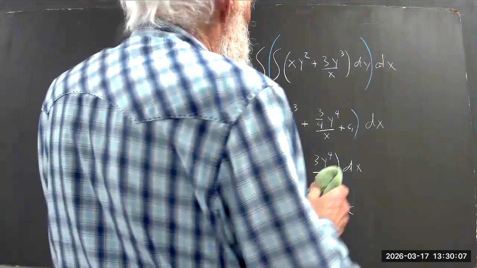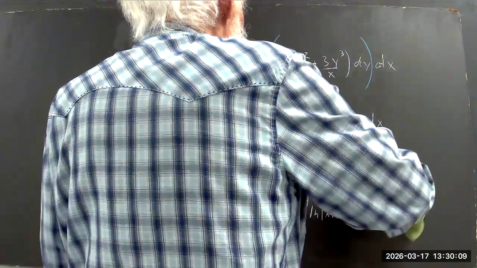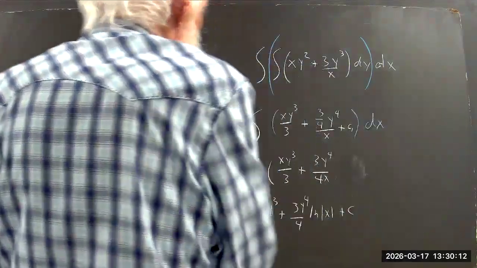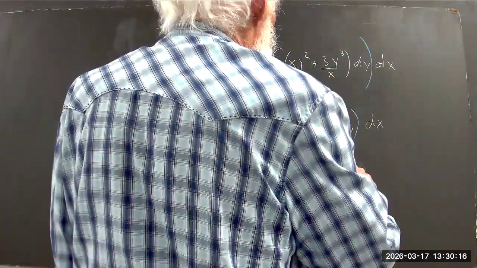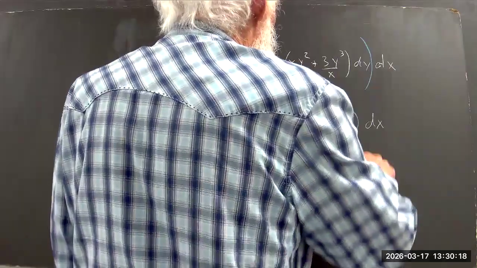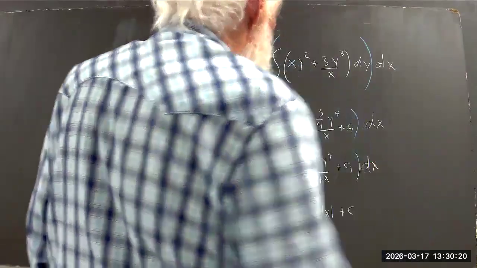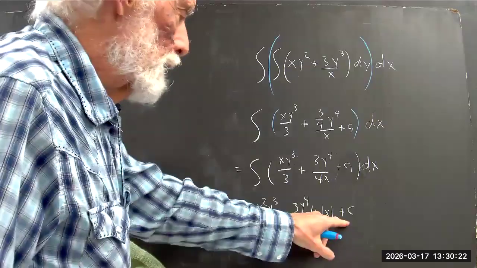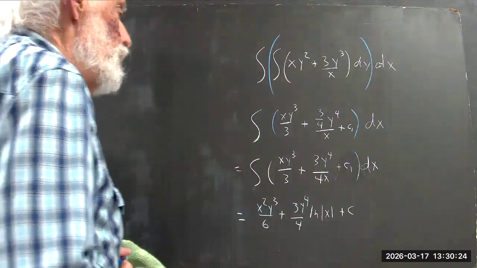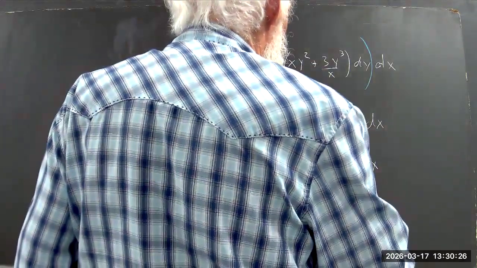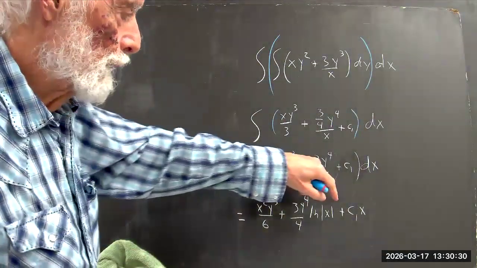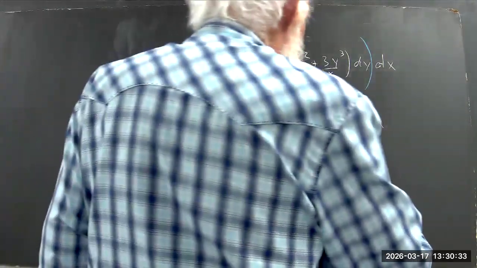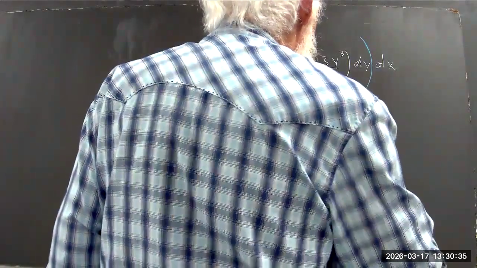And then I would modify here by adding the C1. So instead of adding a constant on here, I'd be adding a C1x plus a C2.